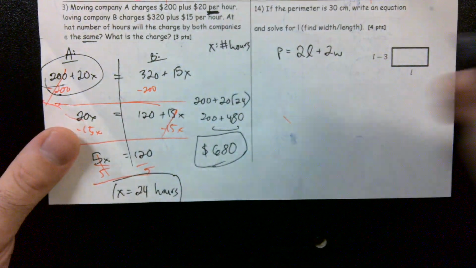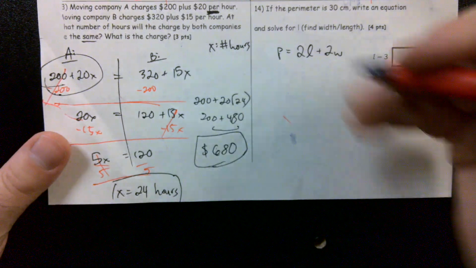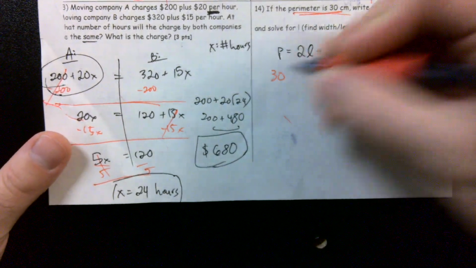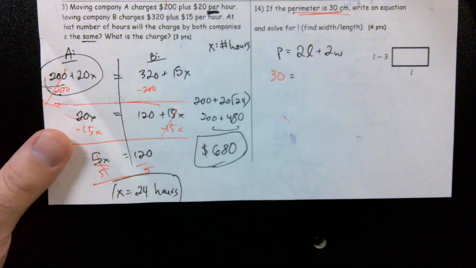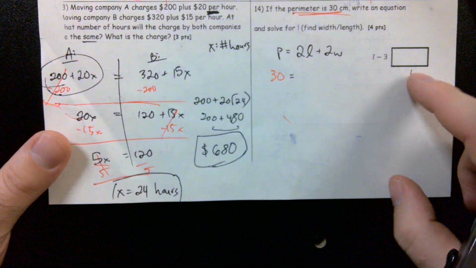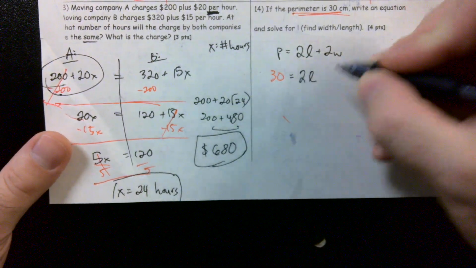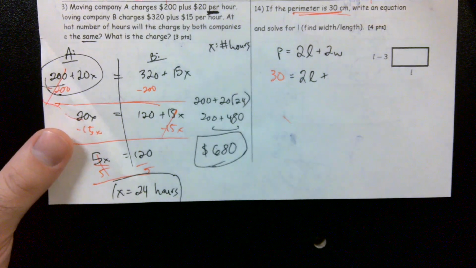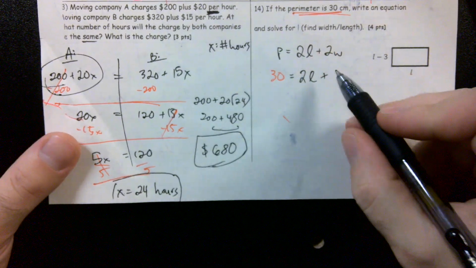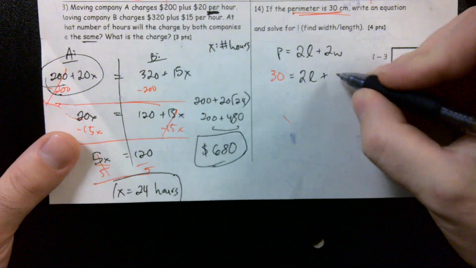Okay. I know that the perimeter is 30, so I'm going to plug that in for P. I know that my L is L, so I'll leave that as 2L, plus 2, and I know that W is L minus 3.